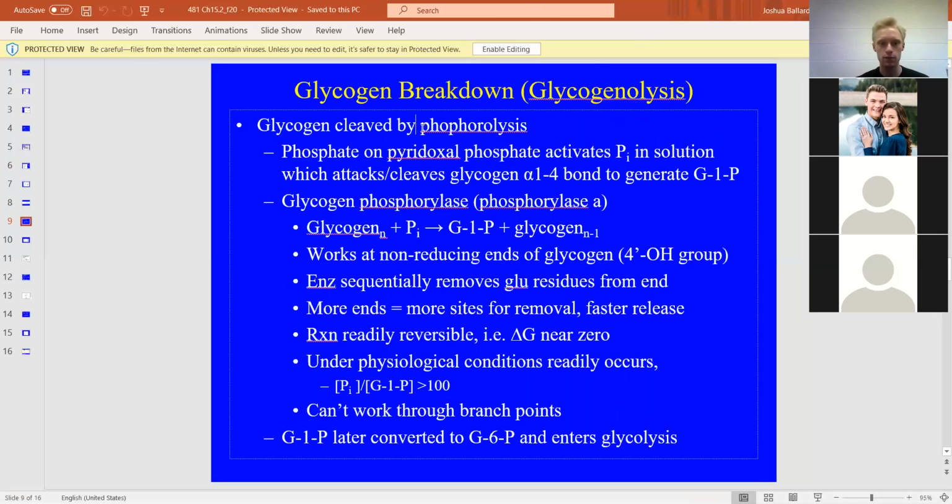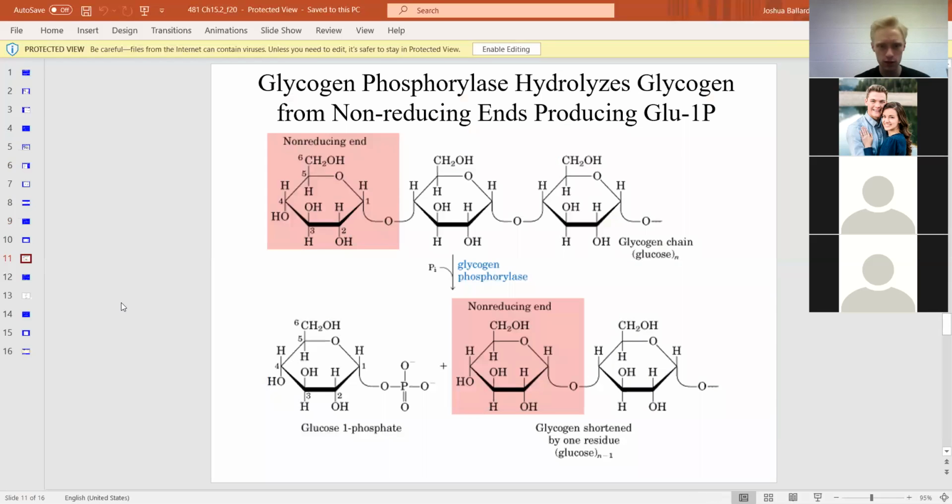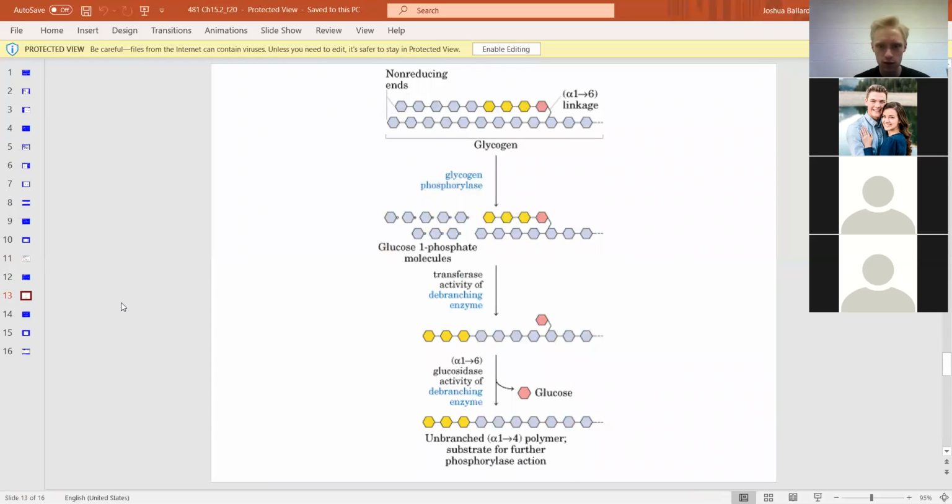Glycogen is cleaved by phosphorylase. So in this case, the phosphate is able to activate. I'm better at describing what's going on by the picture.